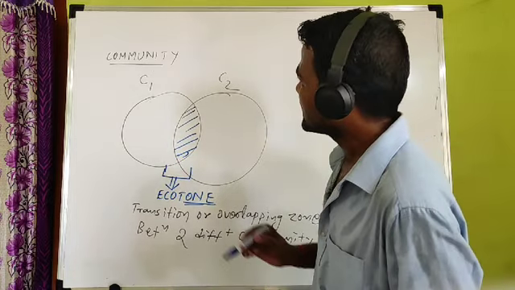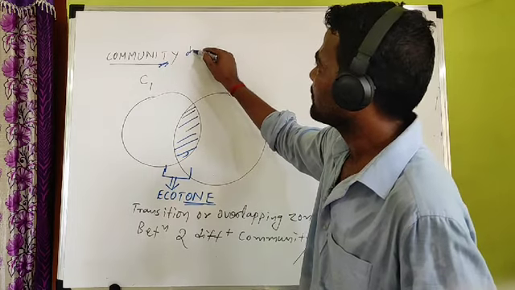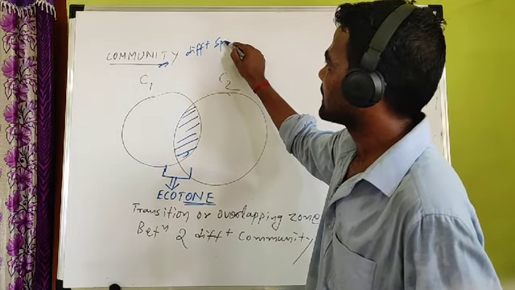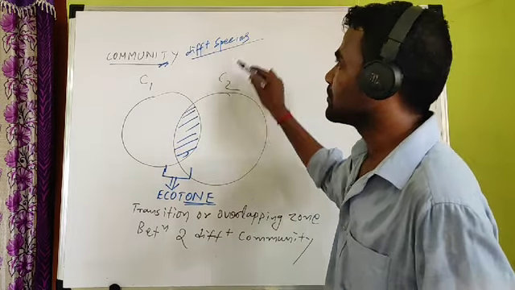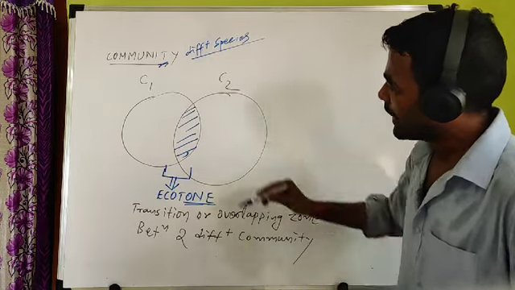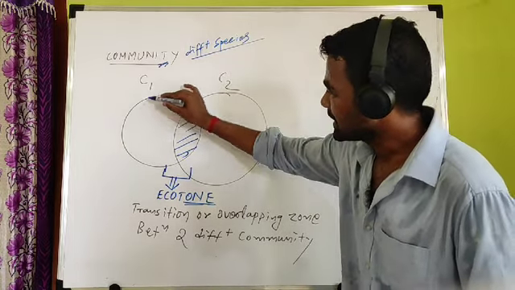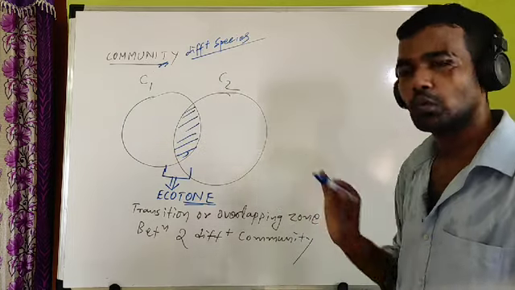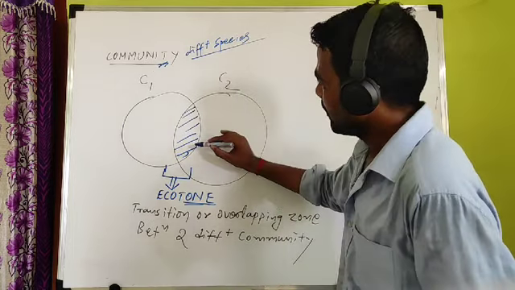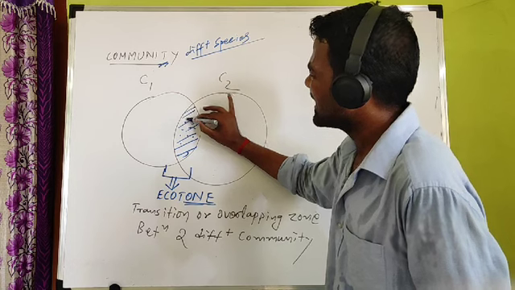What is a community? I have told you it contains several populations belonging to different species. If you count the number of species in community 1 and community 2, it is observed that the number of species in the ecotone region is very high.